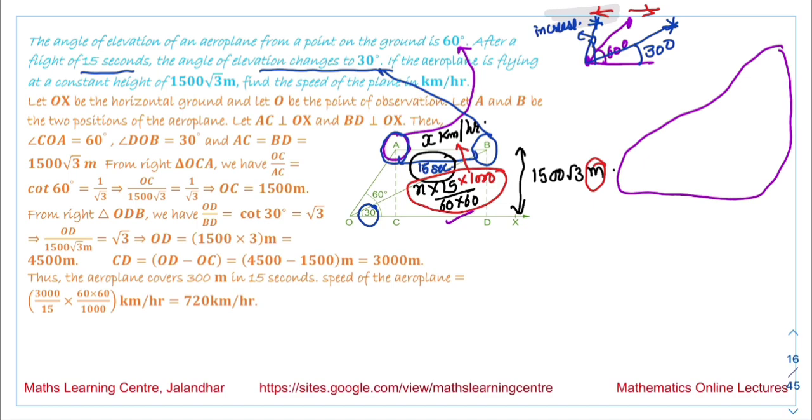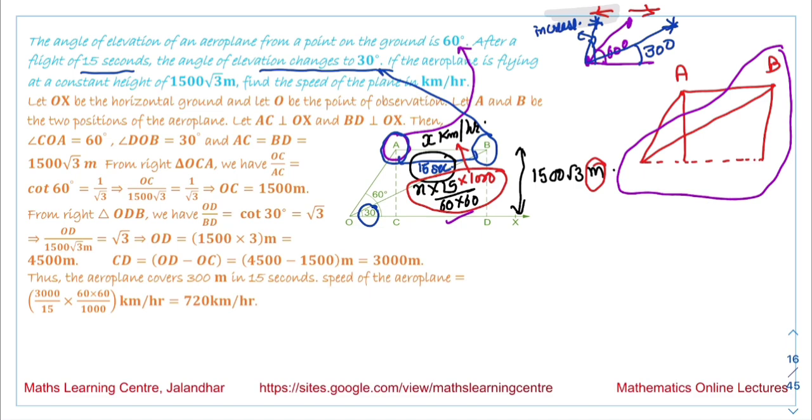Now we are talking about the final figure that we get. This is the line AB we are talking about. Then we are joining these two points, and we have the condition like this. Now what we have to calculate is this distance AB.